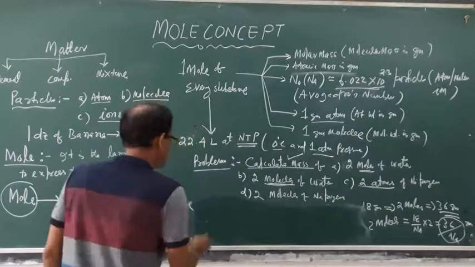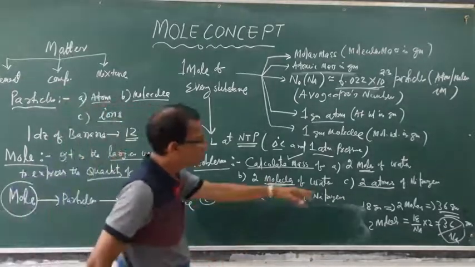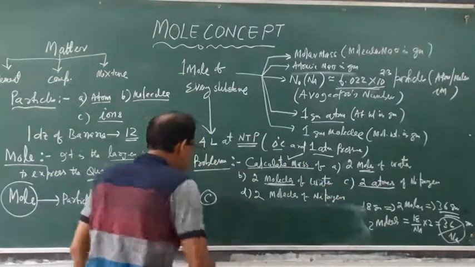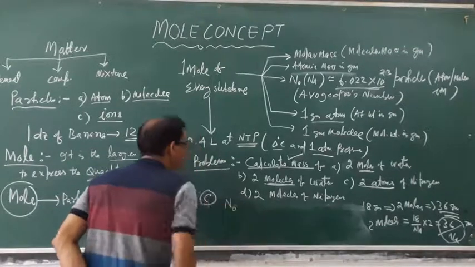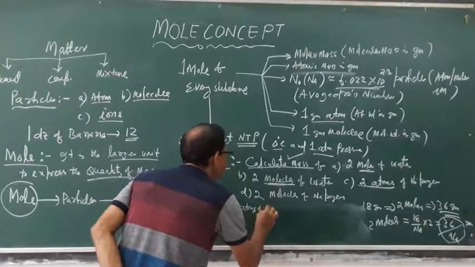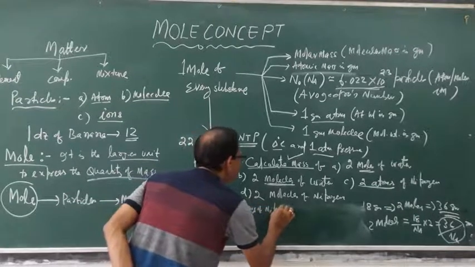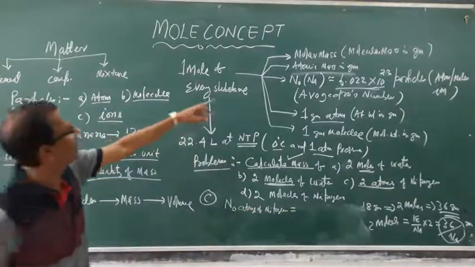So you see C. As two atoms is asked, we know N0 atoms of nitrogen.